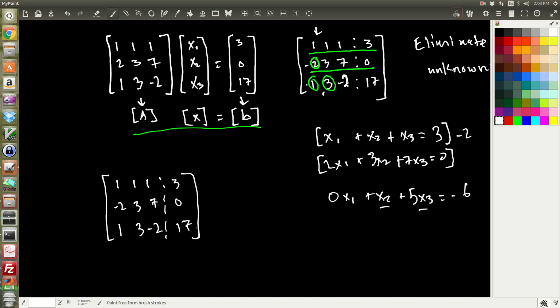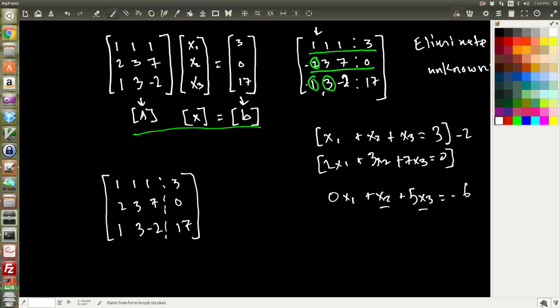If I multiply this first row by minus 2, actually plus 2, this shouldn't be minus 2. Let me erase that real quick. There we go, not minus 2, plus 2. And add it to the second row.